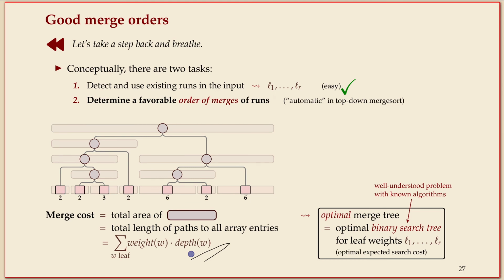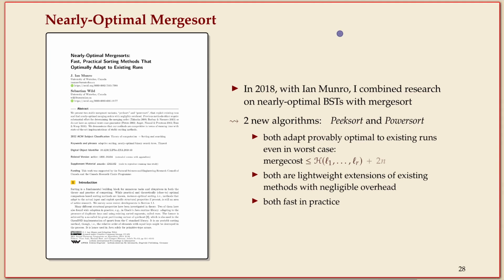So what I'm getting at here is just, this is a problem that people have studied and they have solutions for it. So you can use those and try to use them to find fast a good merging order. And that's what I did with my postdoc supervisor 4 years ago.